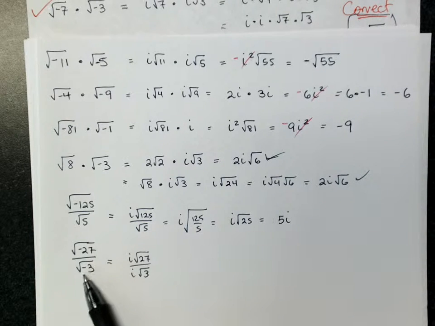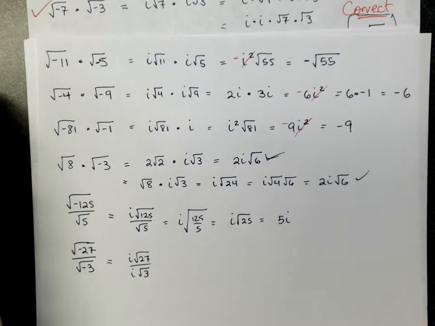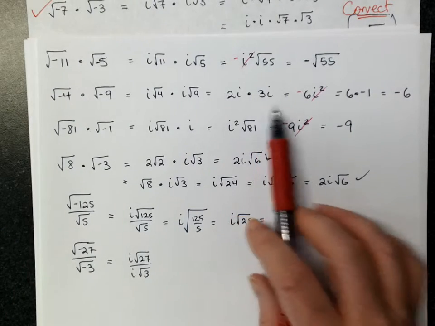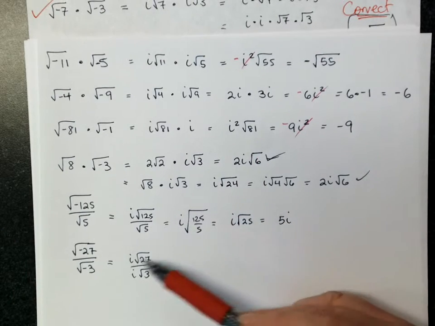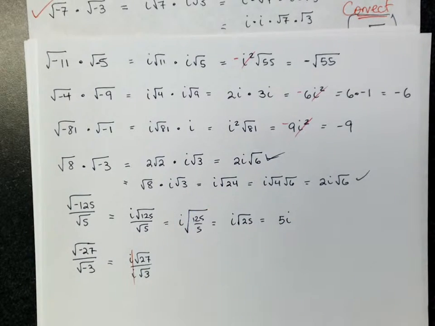Here, with the quotient rule, and both have i's, both are negative radicands, so both have i's, instead of I times I, which is I squared, which is negative 1, we have I divided by I, which is 1. Right, yeah. It just cancels out. Anything divided by itself equals 1. So I times I is I squared, which becomes negative 1. I divided by I is just 1. Just cancels it out.